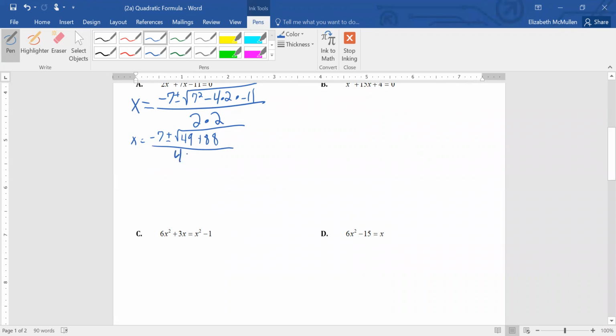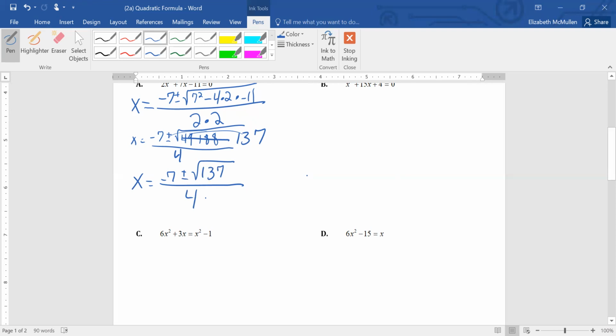All right, so now we started to simplify. Now we need to take care of this under the radical, right? So 49 plus 88 is 137. All right, so rewrite this to make it easier. X equals negative 7 plus or minus the square root of 137 over 4.